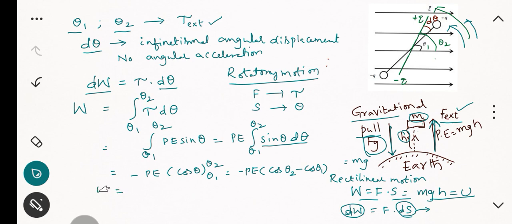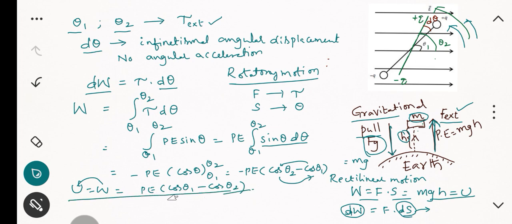Finally we get W is equal to, by rearranging the terms, PE into cos theta 1 minus cos theta 2. This is the work done which is stored as electrostatic potential energy in an electric dipole.